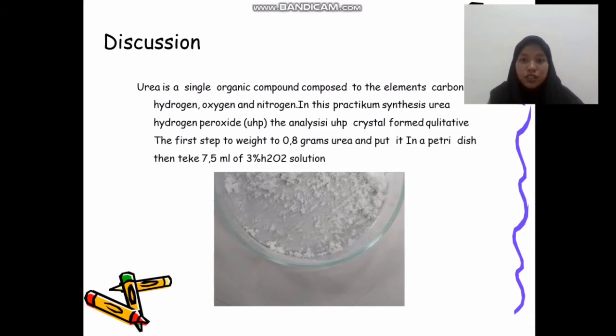The next is the discussion. Urea is a simple organic compound composed of the elements carbon, hydrogen, oxygen, and nitrogen. In this practicum on the synthesis of urea hydrogen peroxide, the UHP crystal is analyzed qualitatively. The first step is to weigh 0.8 grams of urea and put it in a petri dish, then take 7.5 ml of 3% H2O2 solution.